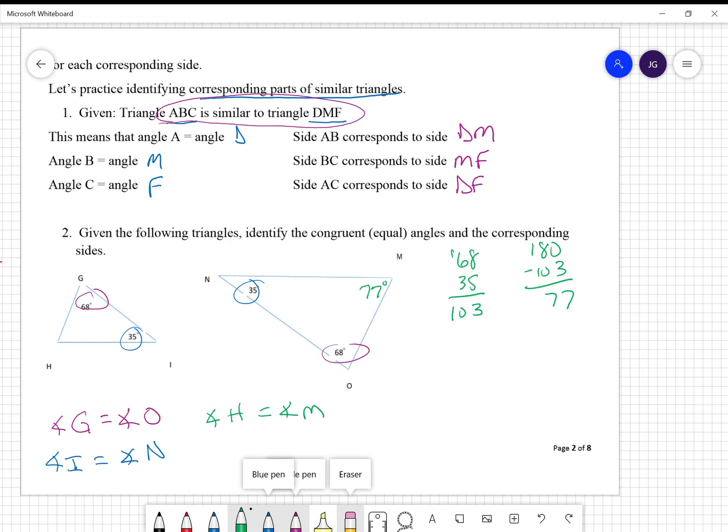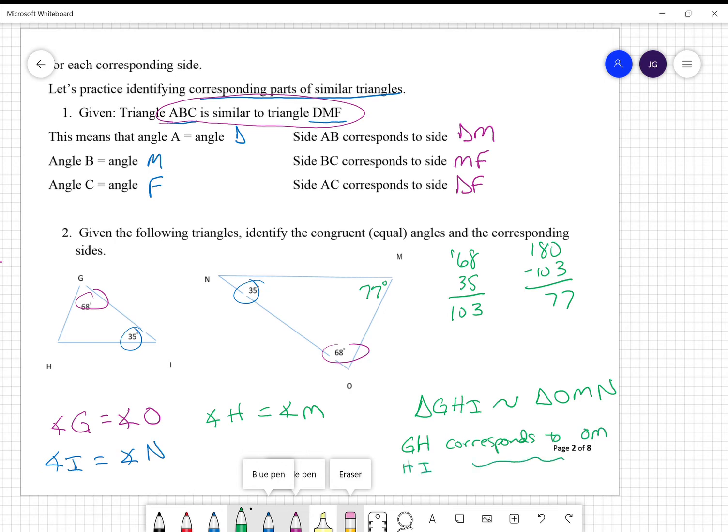All right, so if G is equal to O, if I say triangle GHI is similar, that's a symbol for similar, to triangle, well, I have to line them up in order. G is equal to O, H is equal to M, and I is equal to N. So my corresponding sides: GH corresponds to OM.